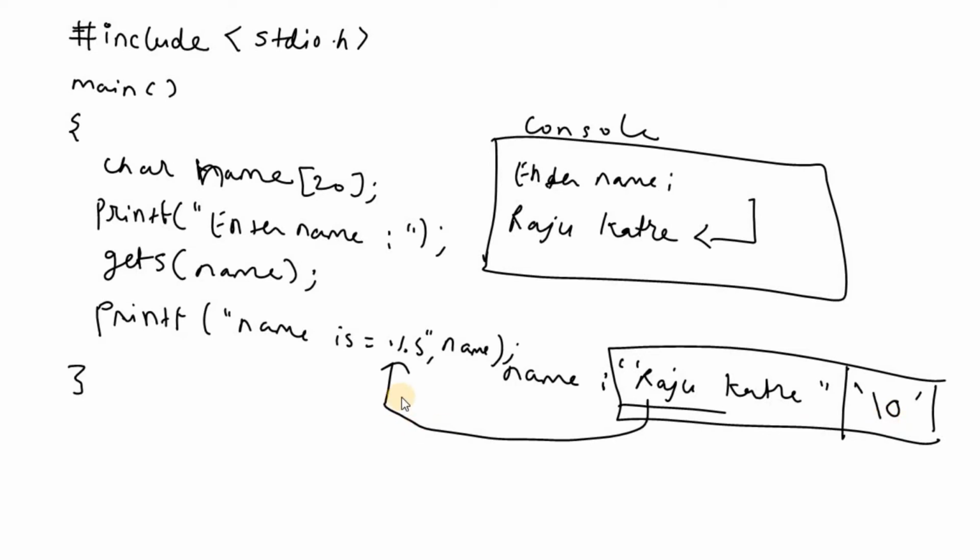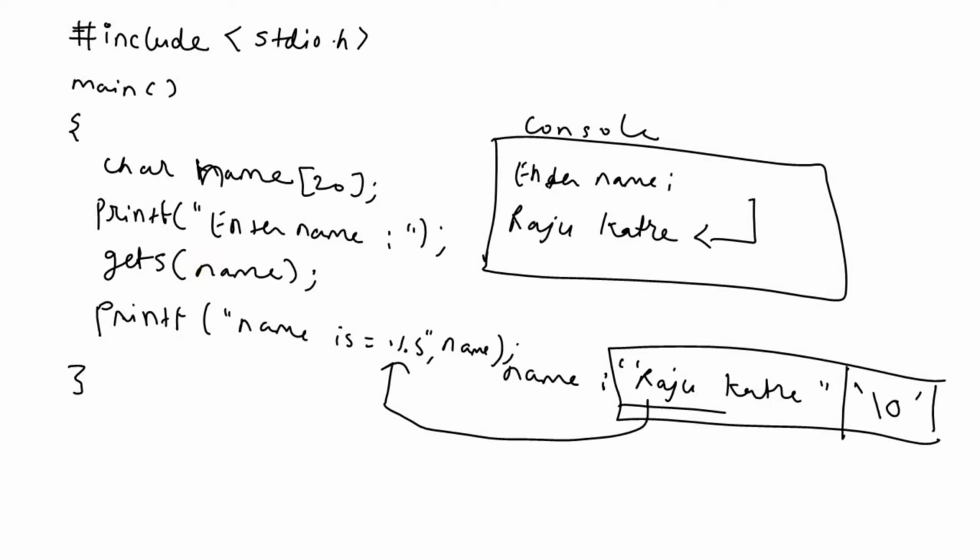This is reading using the scanf function and the gets function. If it is a single word, we can go for %s, and if it is multiple words, it is better to go for the gets function, whether you want to read a sentence or any program.